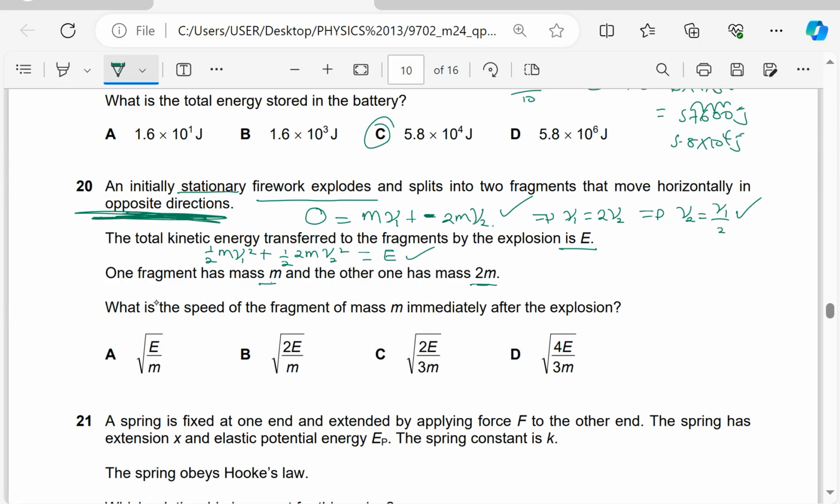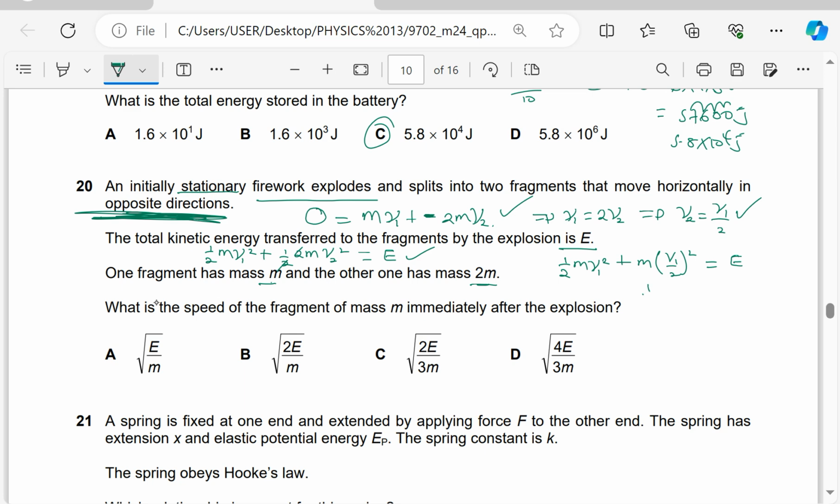Of course, the 2 has cancelled out. So I have a half m v1 squared plus m, where there is v2, I'm going to put v1 over 2, but this is squared. This should be equal to E.